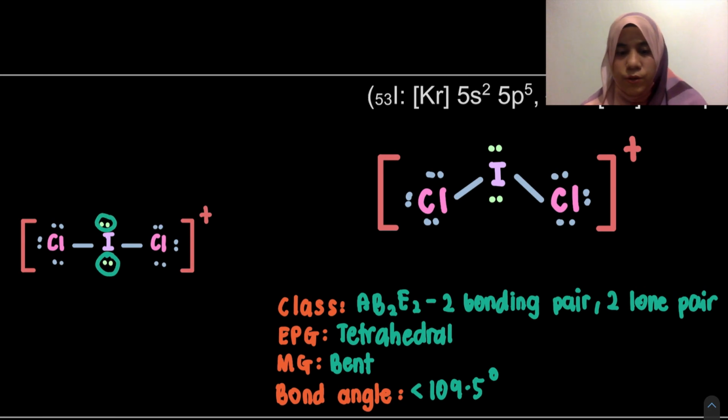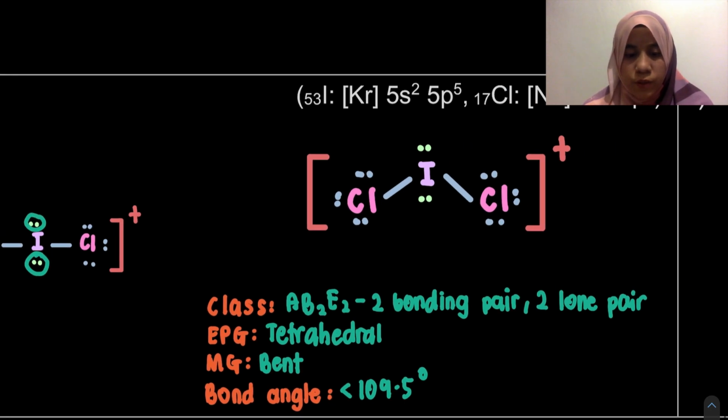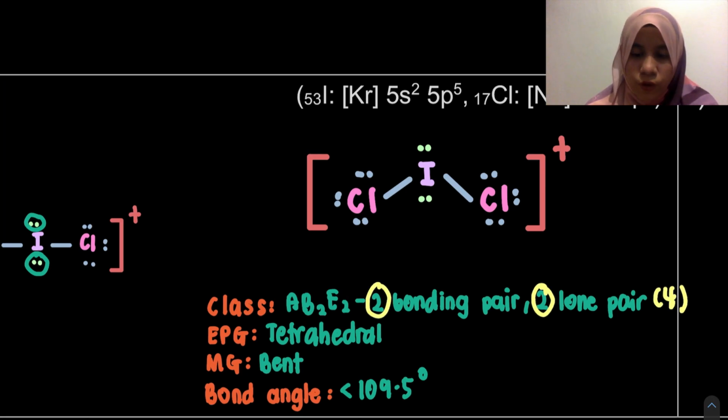Okay, so the electron pair geometry is tetrahedral. Why? Because when we add 2 plus 2, we get 4. So if 4, it will be tetrahedral.